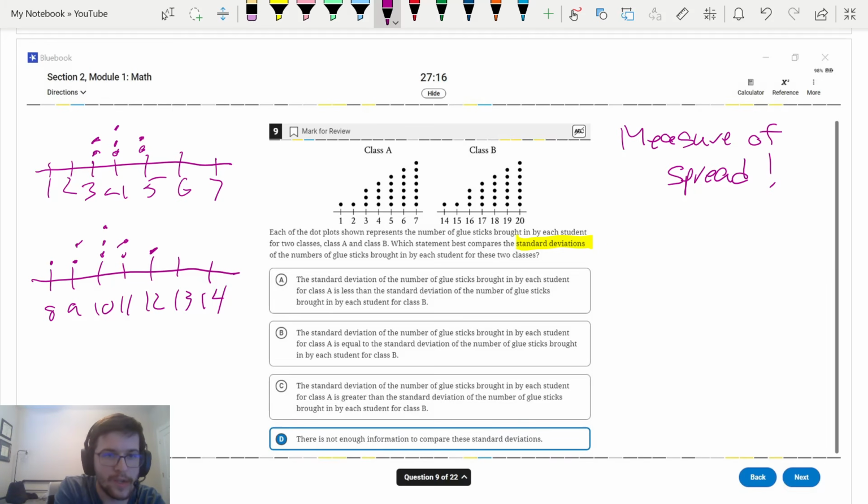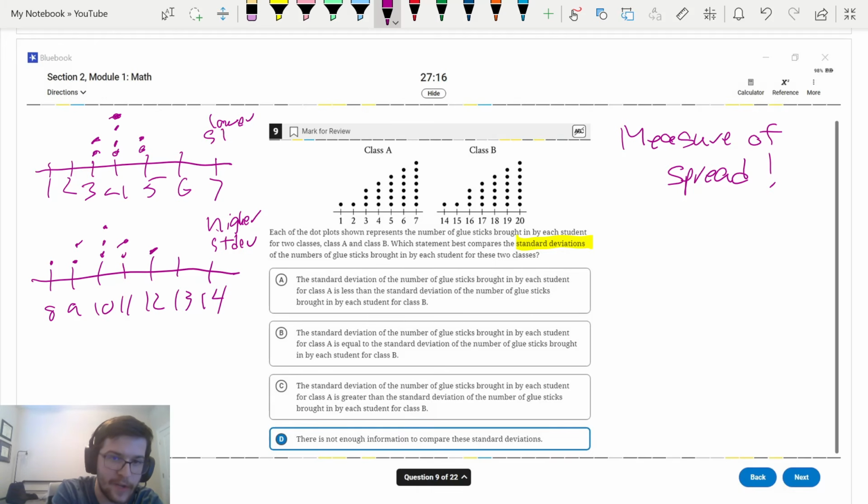So, 1, 2, 3, 4, 5, 6, 7, 8, 9. 1, 2, 3, 4, 5, 6, 7, 8. These aren't exactly the same, but anyway, standard deviation is a measure of spread. So if something is more spread out, it has a higher standard deviation. So this one is more spread out, so it has a higher standard deviation. And this one has a lower standard deviation.